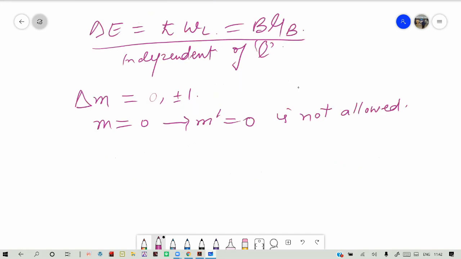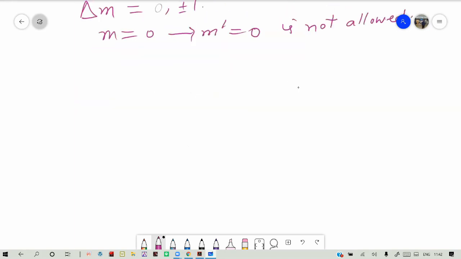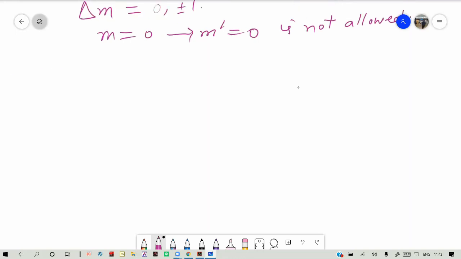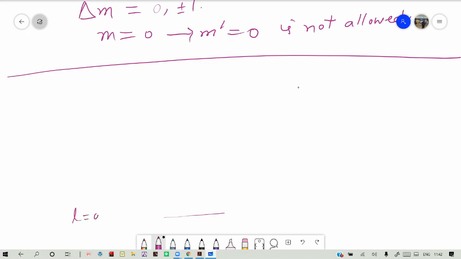Now, for example, I will give an example here. If we take an atom, or any system for which we have different energy levels, this is N equal to 0, sorry, N equal to 1, L equal to 0, N equal to 2, L maximum equal to 1.